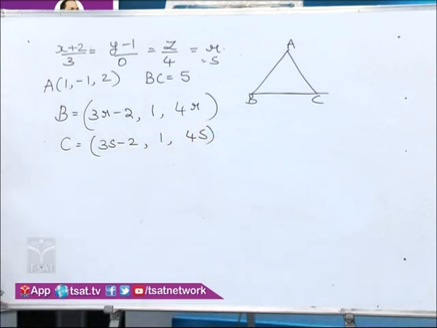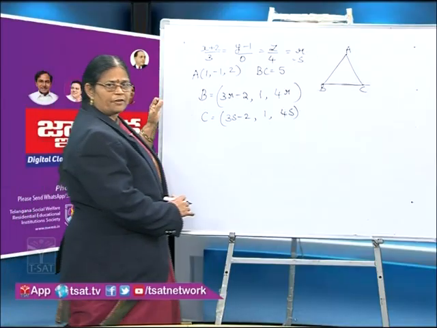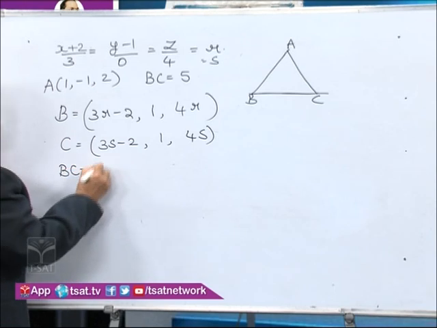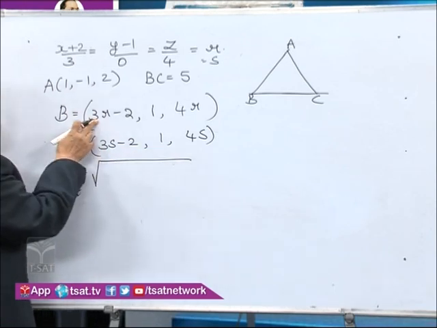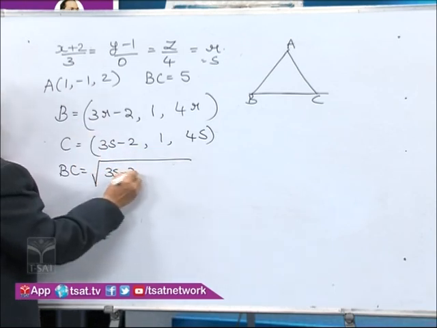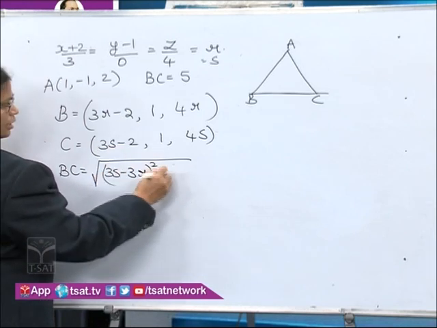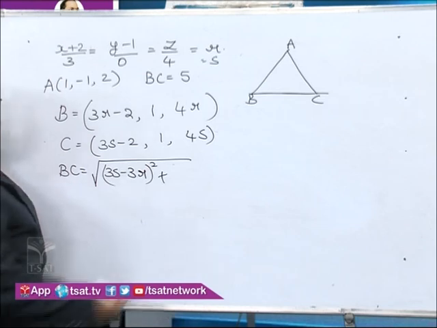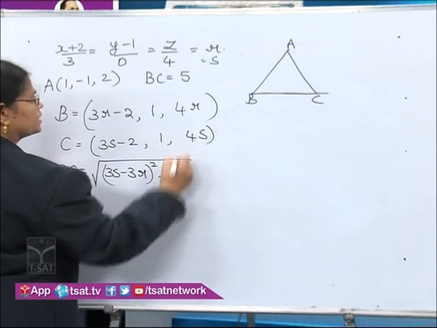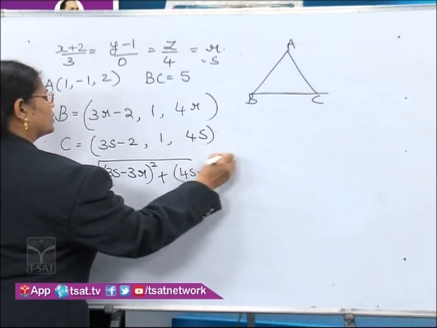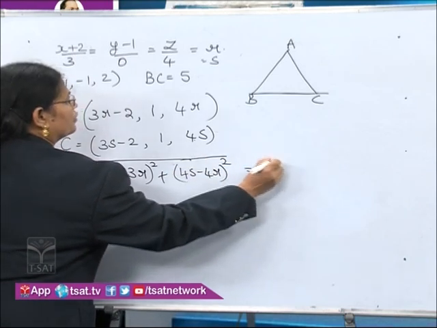You are given that the distance BC is 5 units. So, when we find the distance using the distance formula, 3s minus 3r, minus 2 plus 2 gets cancelled, whole square, plus 1 minus 1, which is 0, plus 4s minus 4r whole square. This is given to be 5.